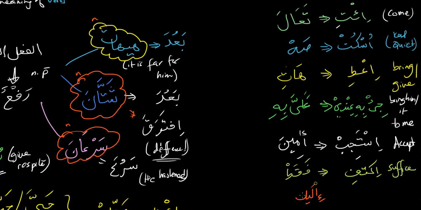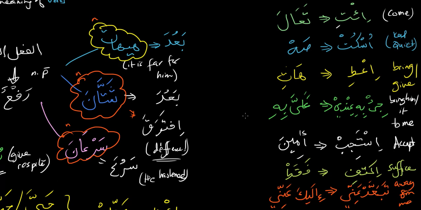Ilayka anni has the same meaning as taba'ad anni, which means away from me.